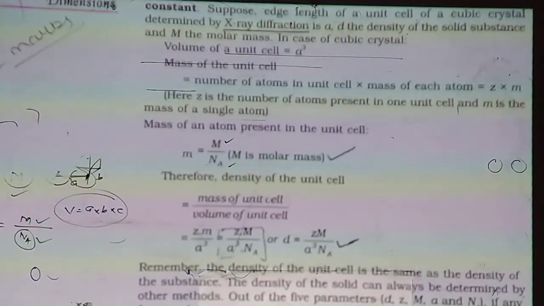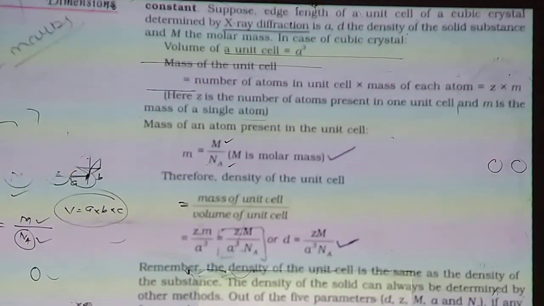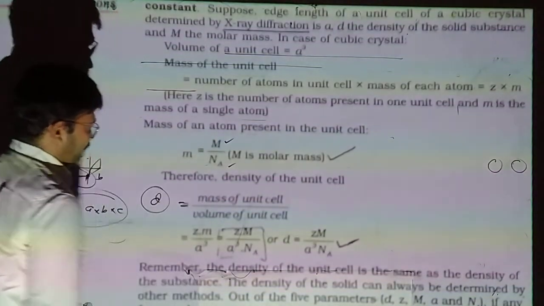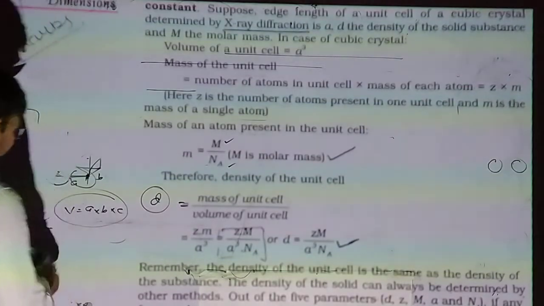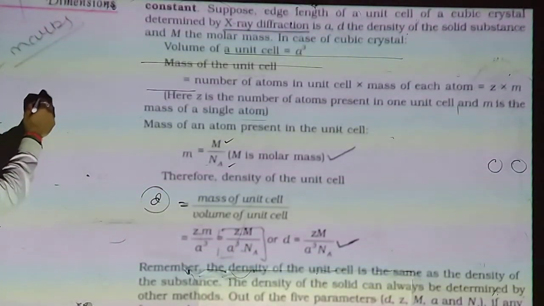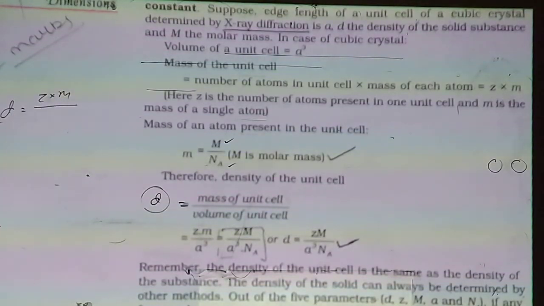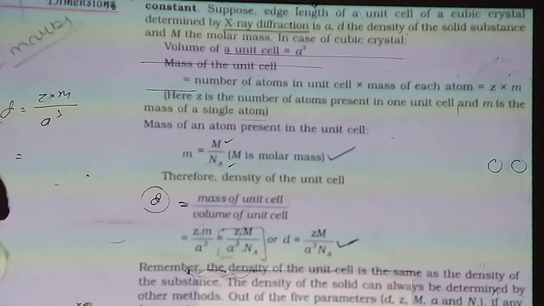So everybody knows the density is equal to mass upon volume. Here, density of unit cell means mass of unit cell upon volume of unit cell. So mass of unit cell is equal to, as we discussed here, Z into M. Then volume of unit cell is a cube.